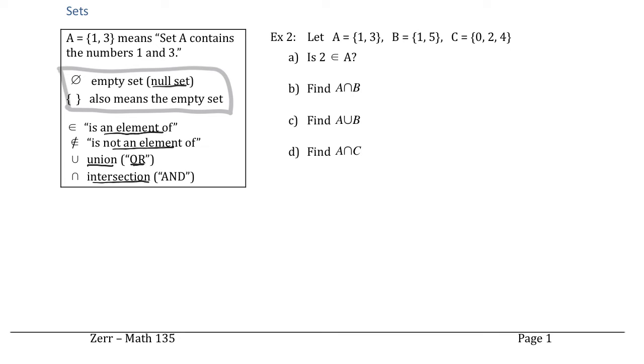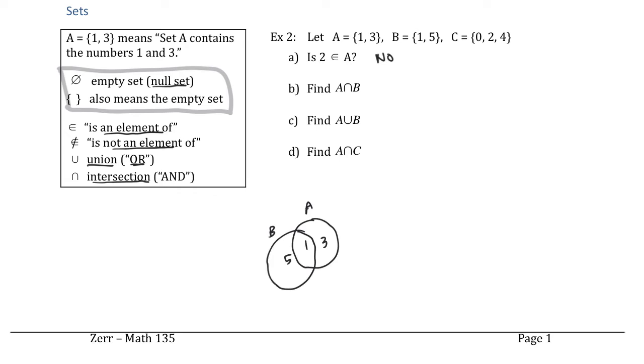Okay, so let's say that A is the set with just 2 numbers, 1 and 3. Is 2 contained within A? Nope, it's not. Now if we're finding the intersection of A and B, that means what's contained within both A and B. In A we have 1 and 3, and in B we have 1 and 5.